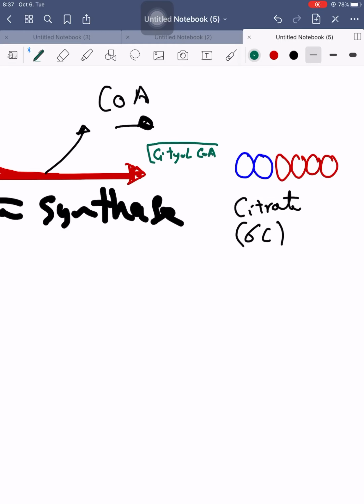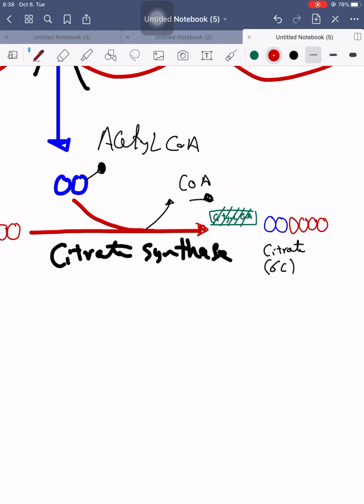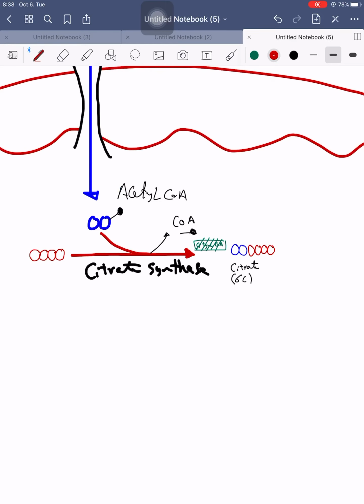That citroyl CoA is very fast to hydrolyze, so when it is hydrolyzed immediately, it does not stay for a long time. This makes the reaction irreversible. So that reaction goes in only one direction, not two. Remember it, it is very important to remember, it is irreversible.